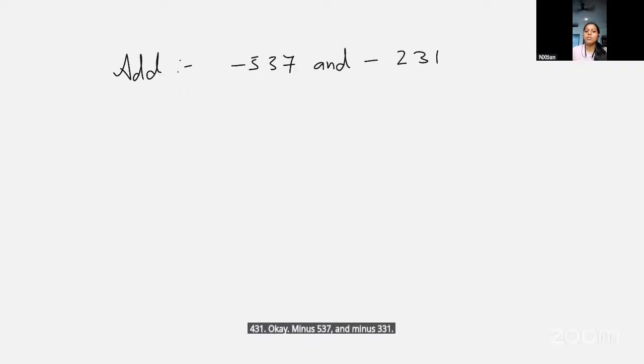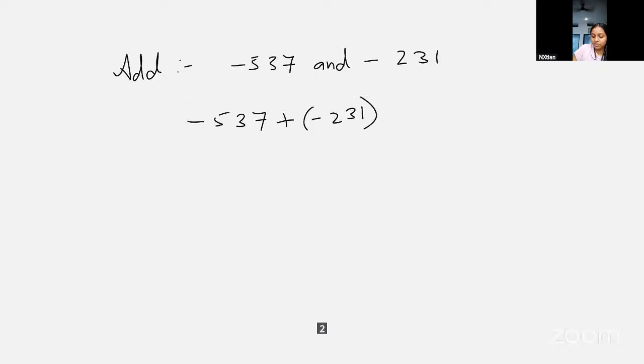We will just add it. We can simply add it by doing minus 537 plus minus 231. Now minus and minus signs are there, so what we do is add.